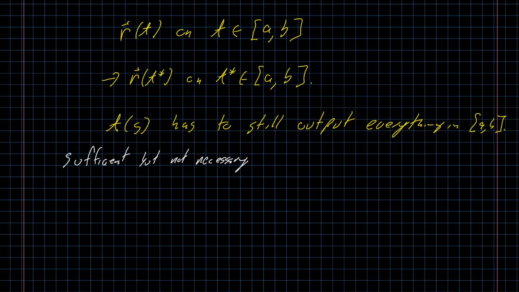That's phrasing that we've used in the past, but not all that often. Whenever my reparameterization T of S satisfies this condition, I know that the curve will be the same. That is not saying that when the reparameterization does not satisfy this condition, that the curve will not be the same, because the curve can still be the same in other conditions, but this is an easy one to find.